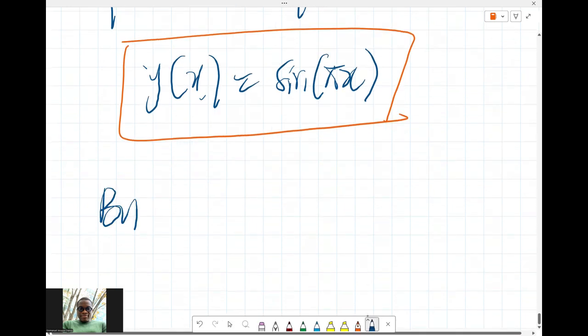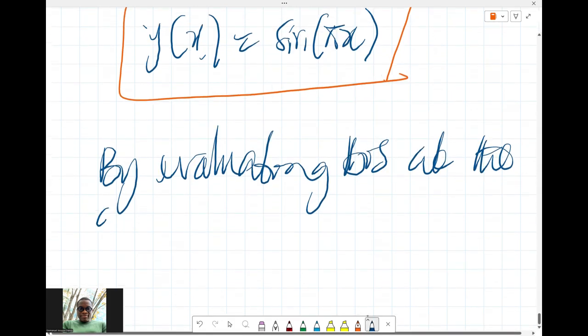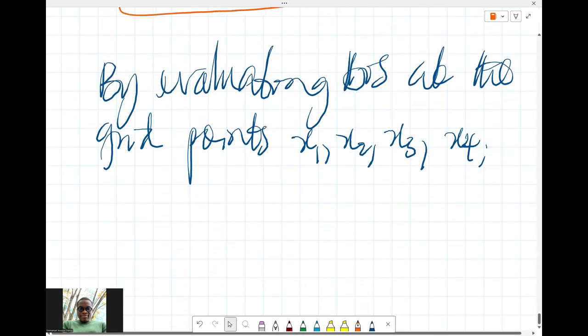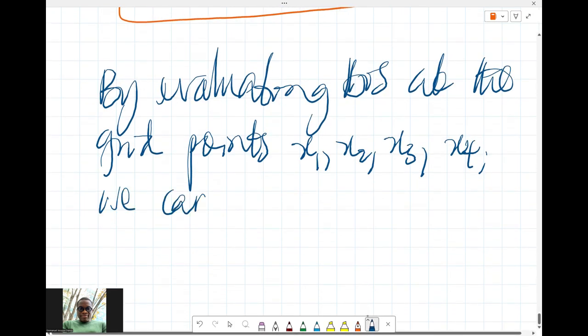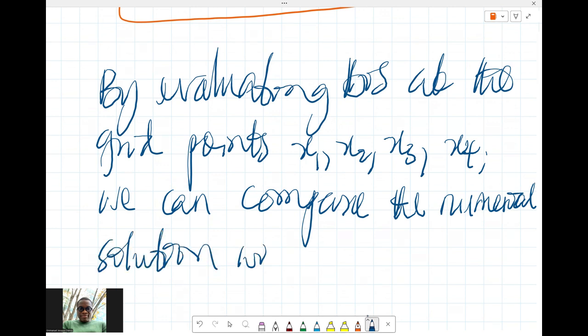So by evaluating this at the grid points, which of course will be x1, x2, x3, and x4, we can compare the numerical solution with the exact solution.